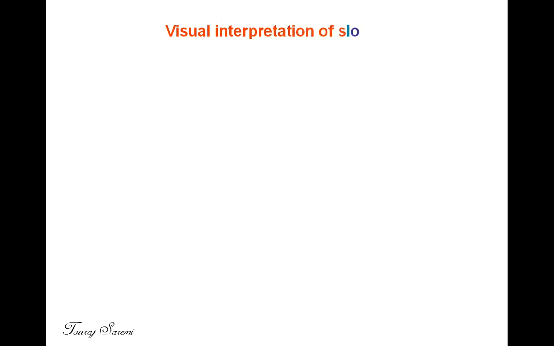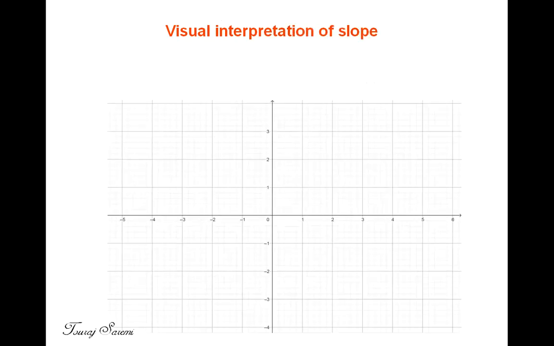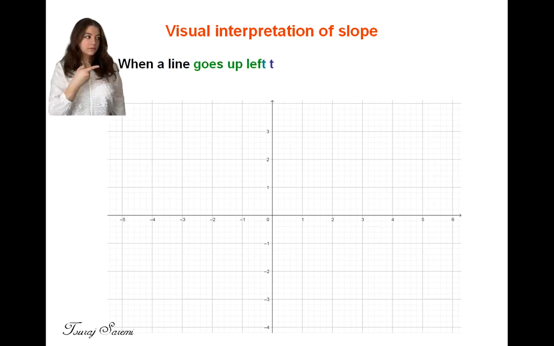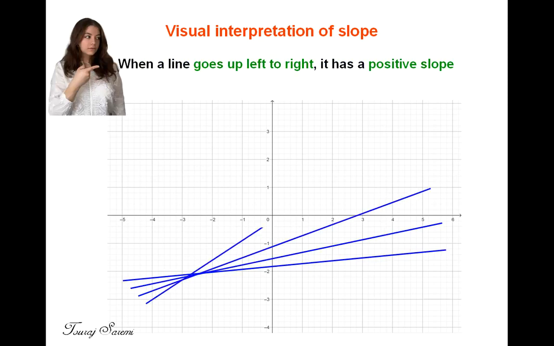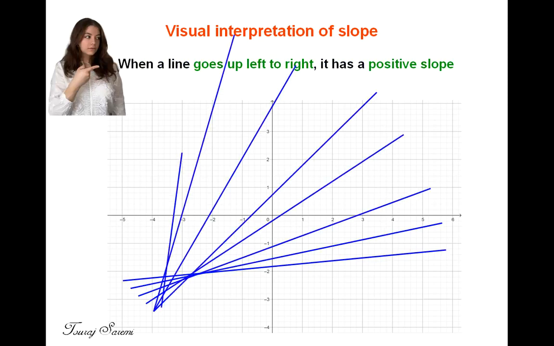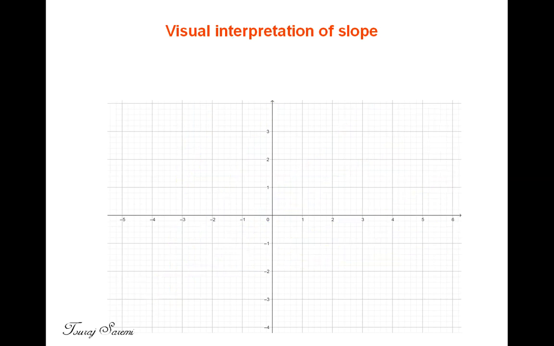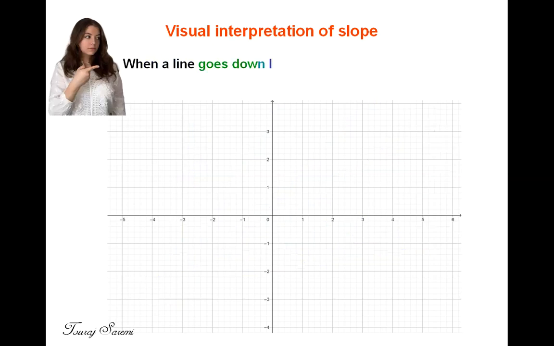Visual interpretation of slope. When a line goes up left to right, it has a positive slope. When a line goes down left to right, it has a negative slope.